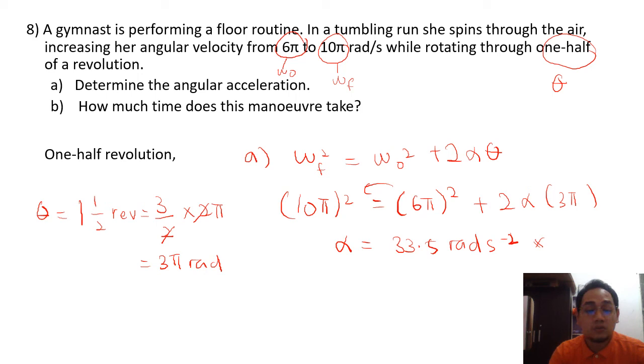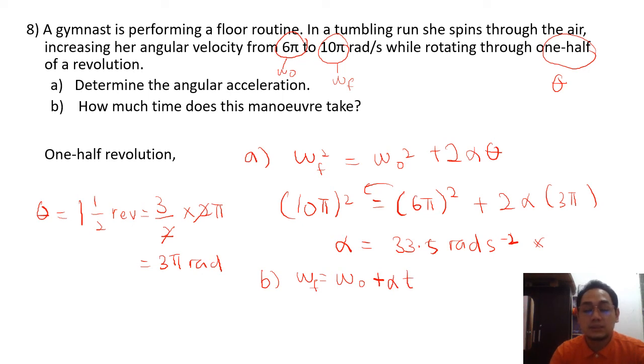Now for B, how much time does this maneuver take? So what formula shall we use? For this question, we can use the simple formula, which is omega final equal to omega naught plus alpha t.